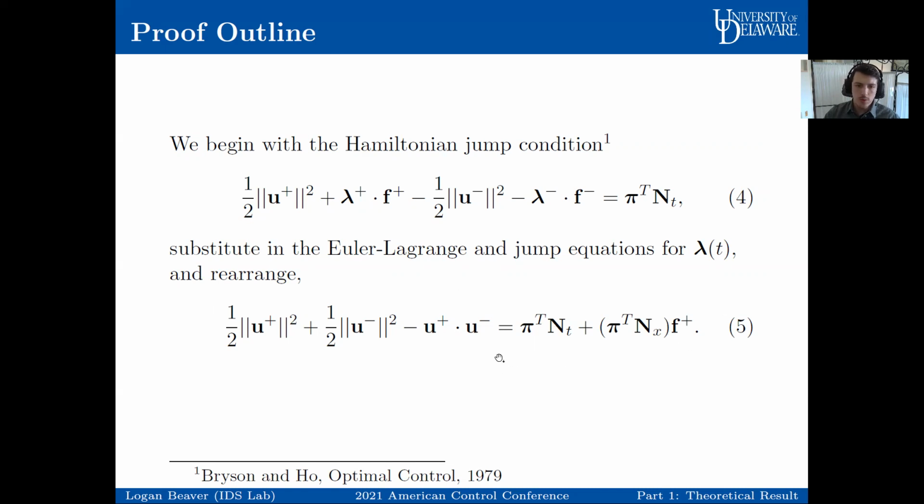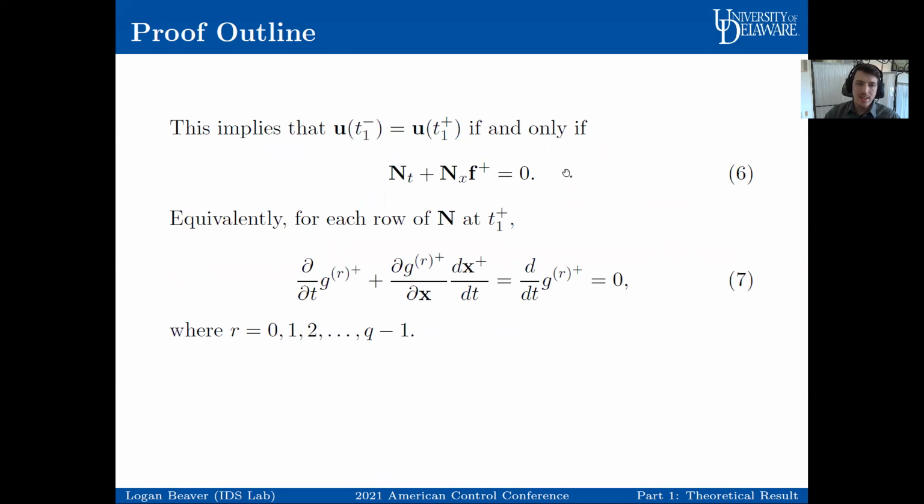And it's pretty straightforward to show that on the left-hand side, if the control input is continuous, so u plus equals u minus, the left-hand side must be equal to 0. And it's if and only if. So if the left-hand side is equal to 0, then we can really say the right-hand side being equal to 0 is an equivalent condition for the u's to be continuous.